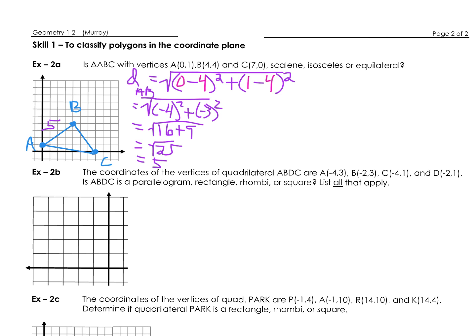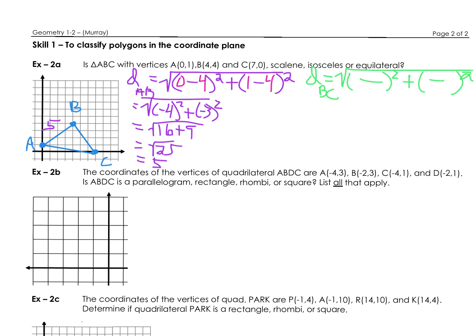Now I'm going to do the distance formula again, this time from B to C. So I've got the distance from B to C, write my template, and then I am going to sub in my x's and my y's.